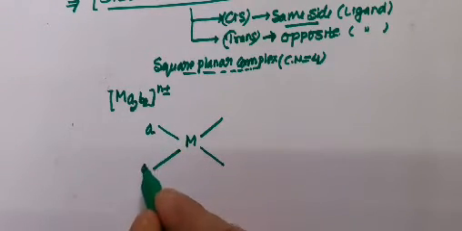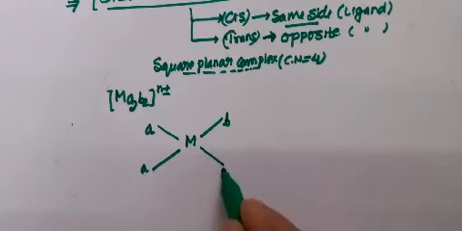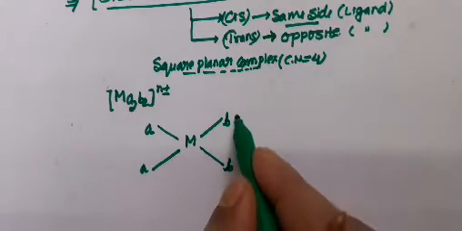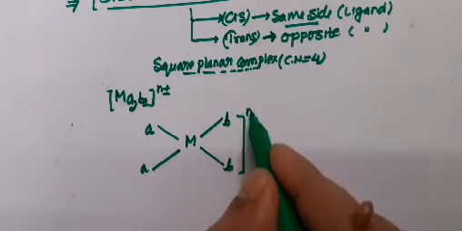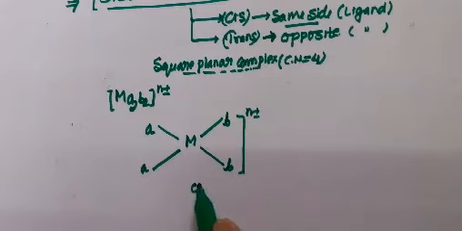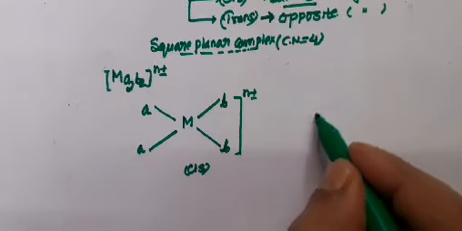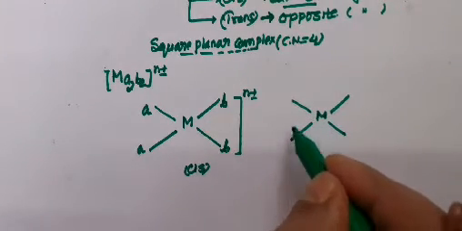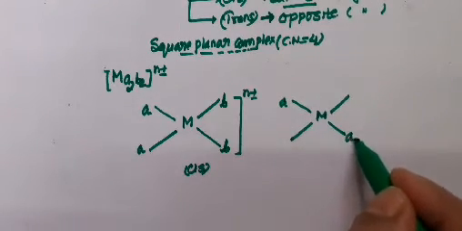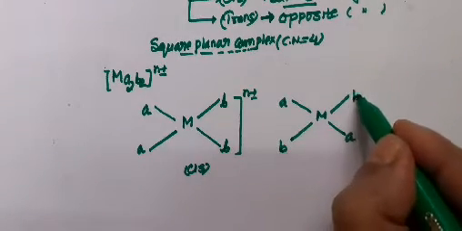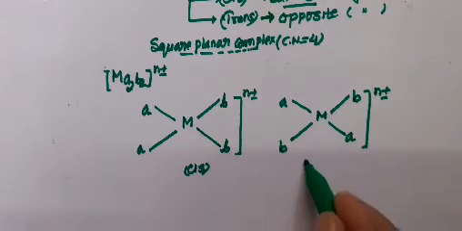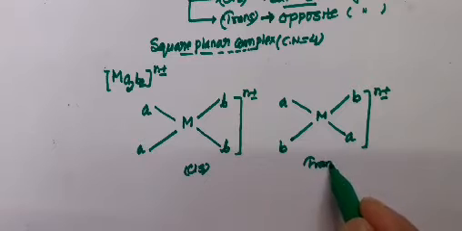When the similar ligands are placed on the same side of the central metal atom or ion in a given complex, then it is said to be the cis isomeric form. But if the identical ligands are placed opposite to the central metal atom or ion in a given complex, then it is known as the trans form.